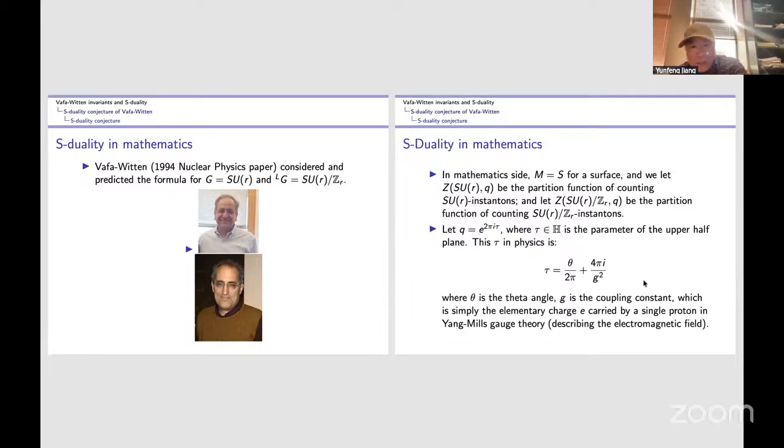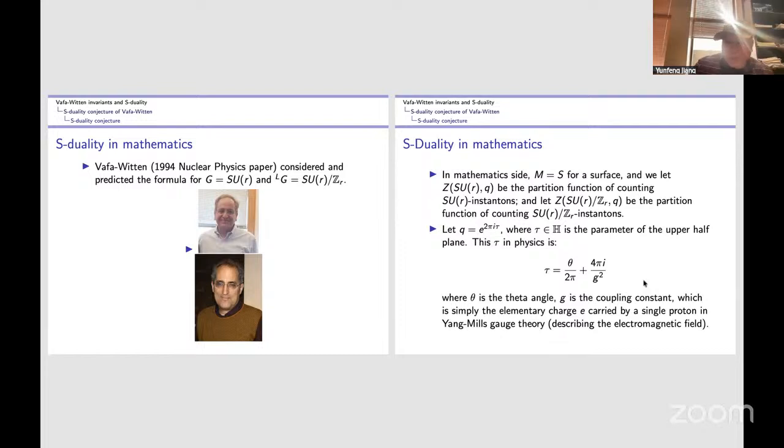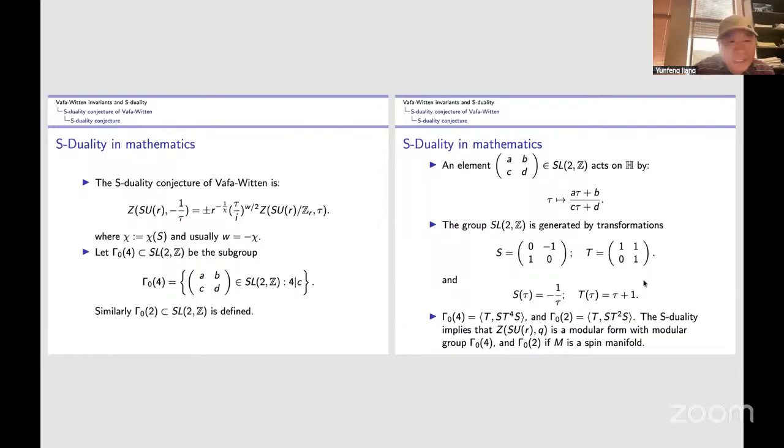In physics, Vafa and Witten in 1994, in their paper in Nuclear Physics, studied this S-duality conjecture for four-manifolds. They predicted it, as a mathematician would say, but in physics they obviously take it as already true.